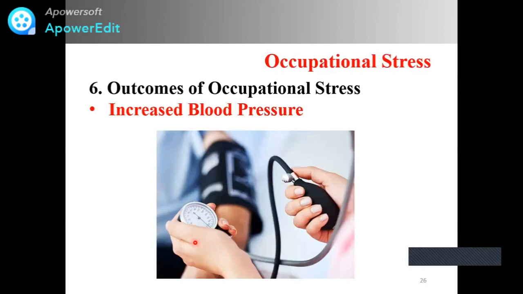Stressful situations can raise your blood pressure. Your body produces stress hormones when you are in a stressful situation. These hormones temporarily increase your blood pressure by causing your heart to beat faster and your blood vessels to narrow.